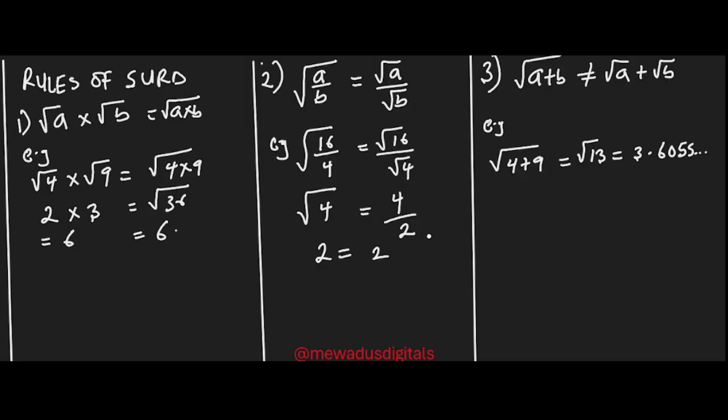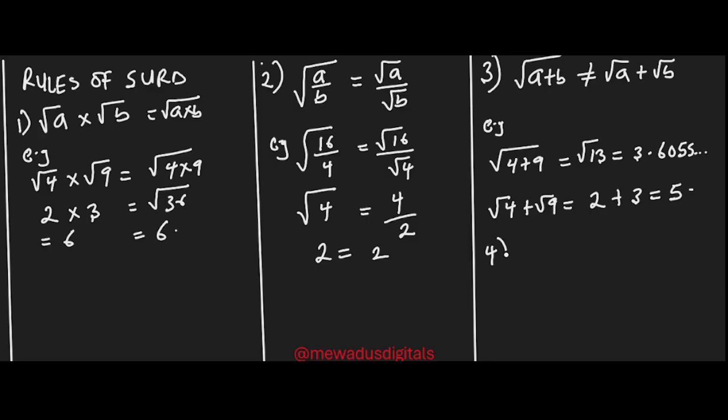We check that from our calculator. Then if we have root 4 plus root 9, square root of 4 gives us 2, square root of 9 gives us 3, and 3 plus 2 gives us 5. Here we see that square root of 4 plus 9 is not equal to square root of 4 plus square root of 9. So that has shown our third law.